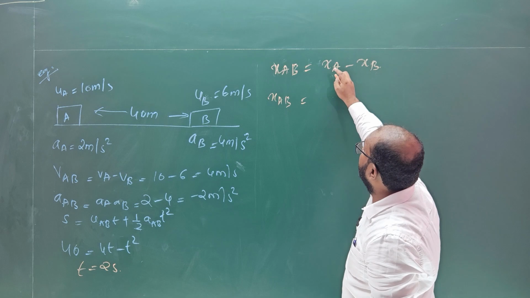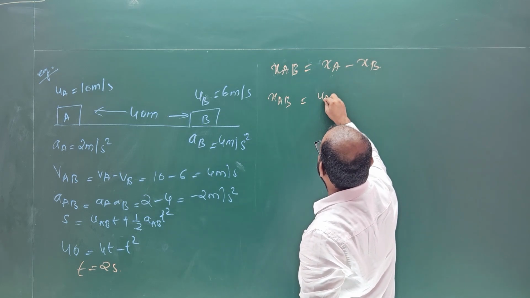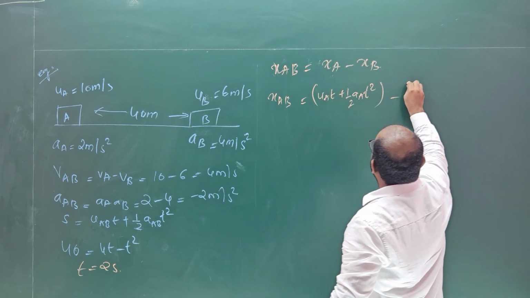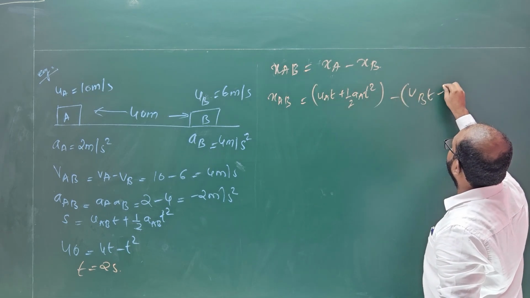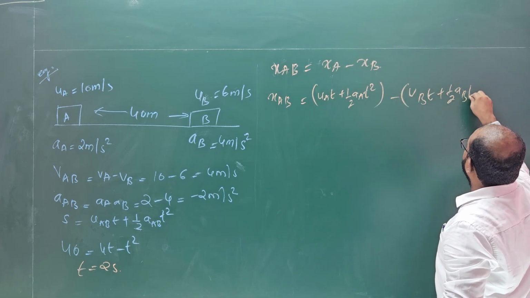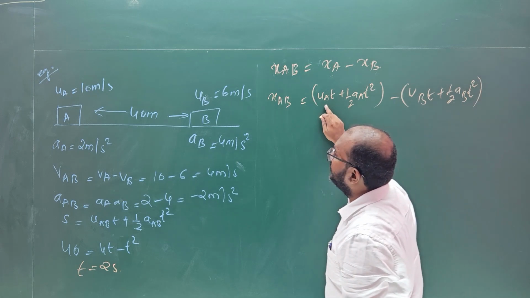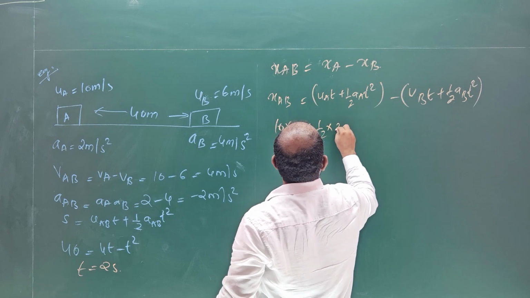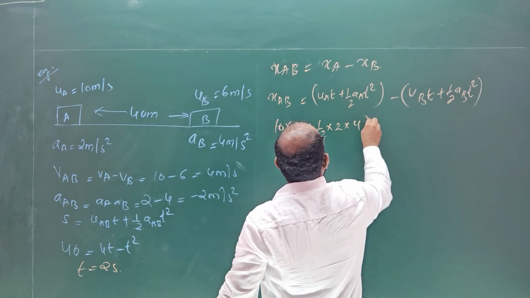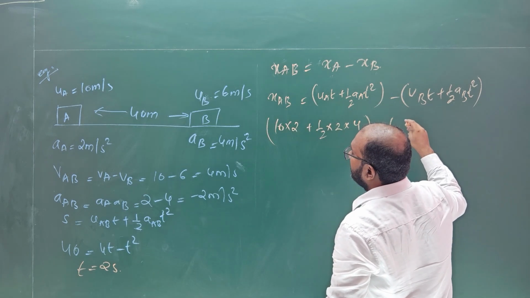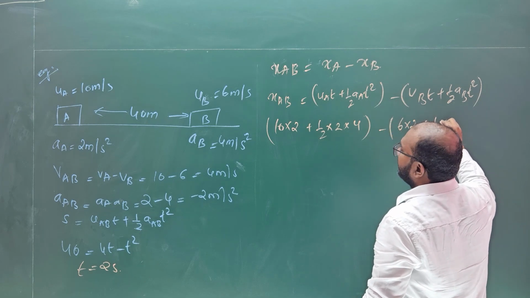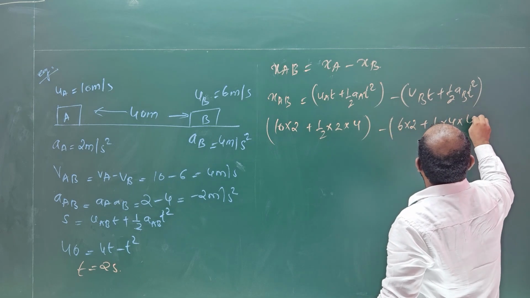Okay, let me check. So uAt plus half aAt square minus uBt plus half aBt square. Substituting the values, uA is 10 and the time period we got is 2, plus half into 2 into t square, that is 4, minus uB is 6 into 2 plus half into acceleration 4 into 4.